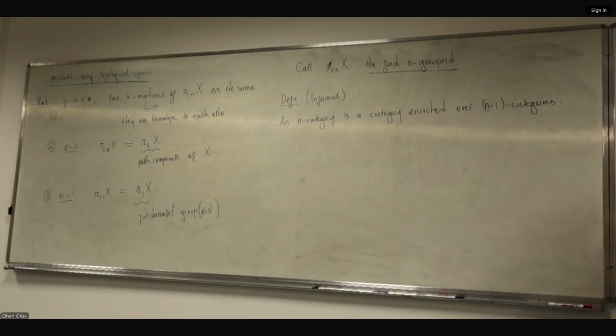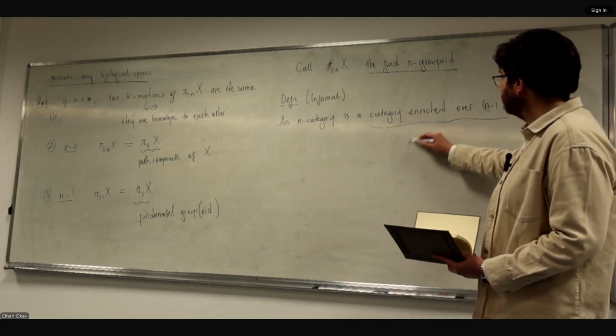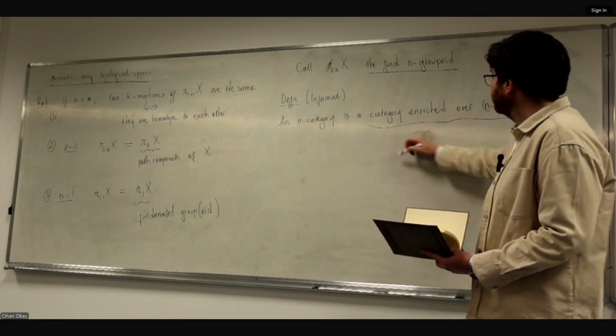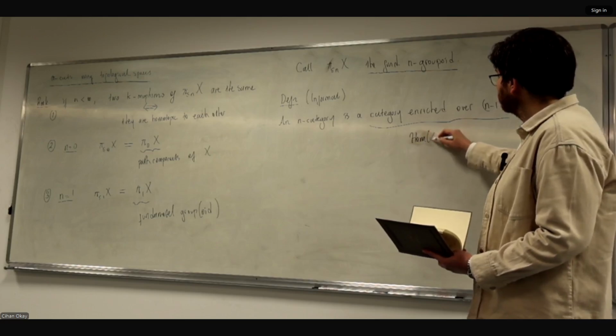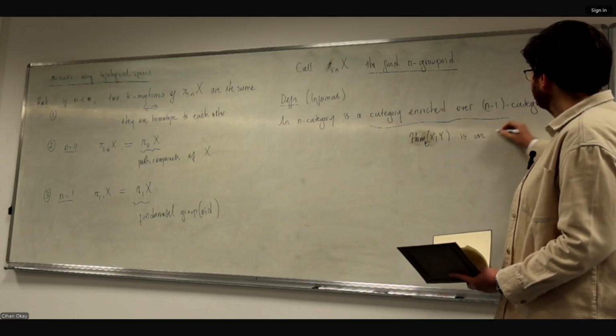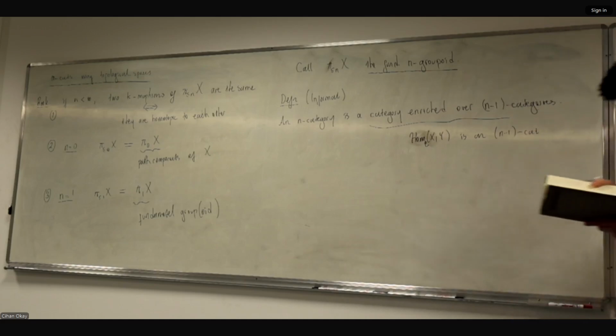As in the case of 2 1, now your mapping space, or maybe I should use hom, has the structure of an n minus 1 category.